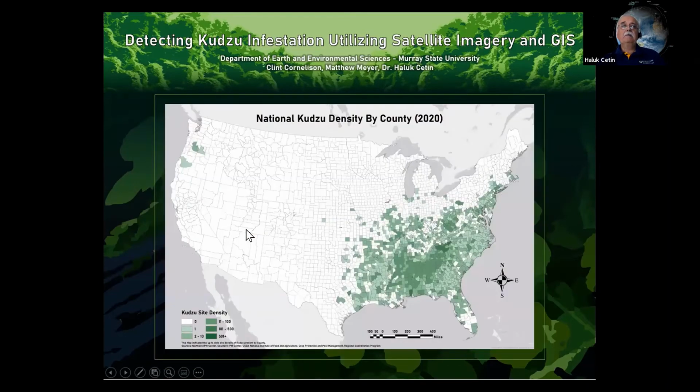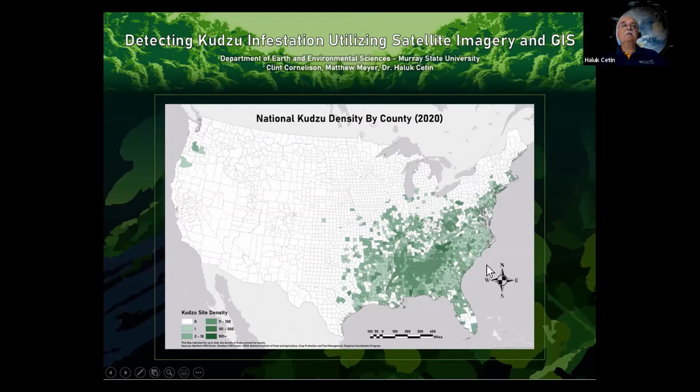The initial thing that we needed to do was to find out where the Kudzu spread was, and we examined all the known locations. This just shows you the extent of Kudzu density in 2020.